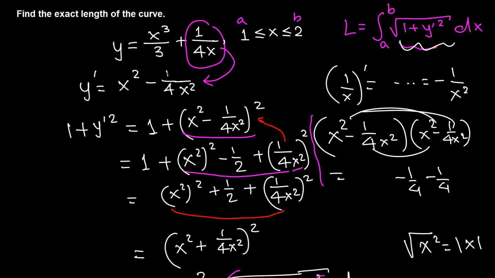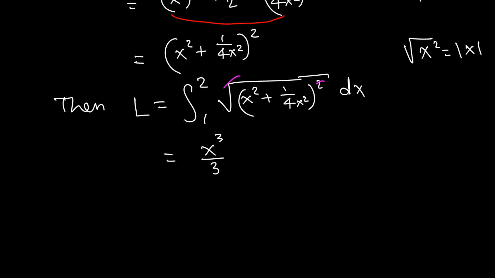So for the antiderivative of 1 over 4x squared, if we think of a negative here, then we have to put a negative there. So the antiderivative of 1 over 4x squared is negative 1 over 4x. Now we evaluate this expression from 1 to 2.